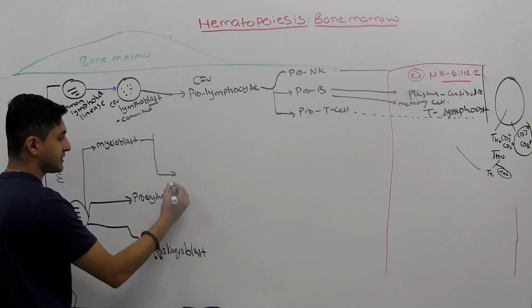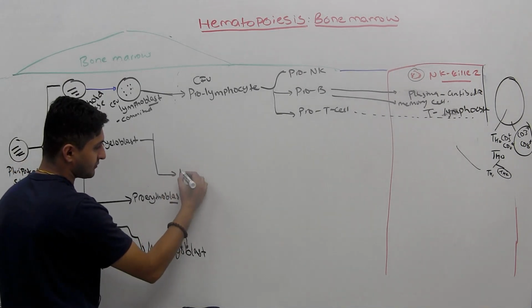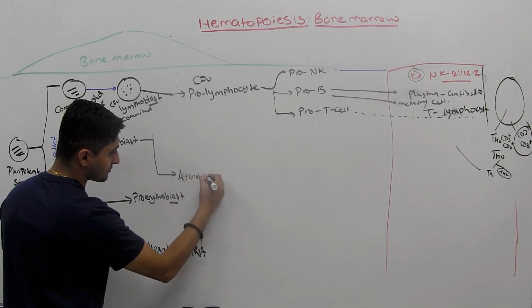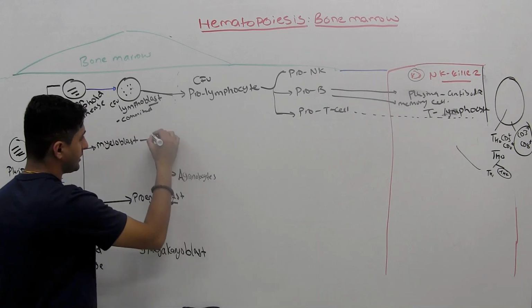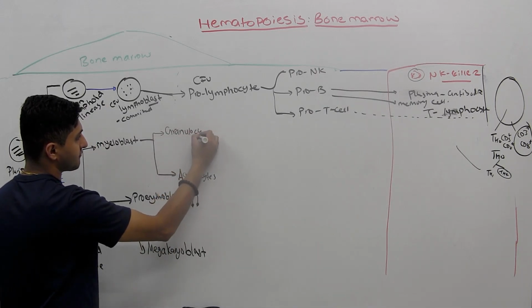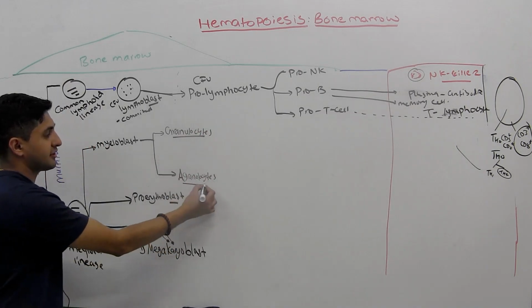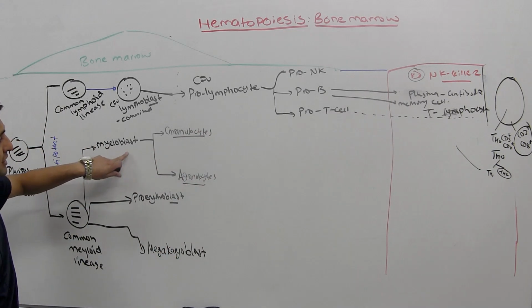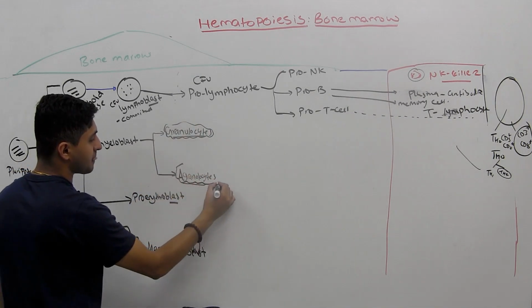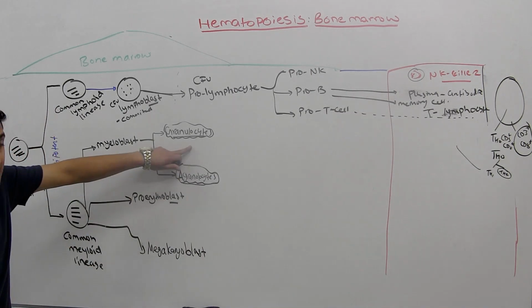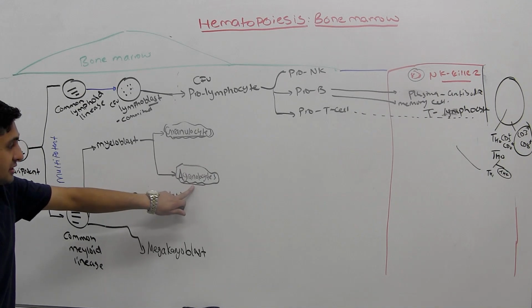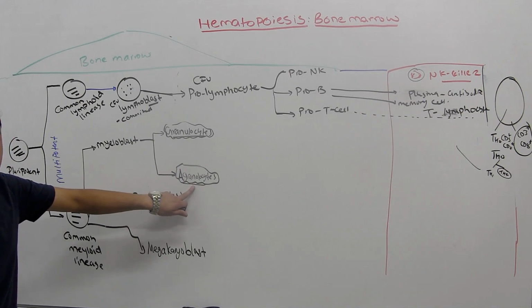One is going to be granulocytes, and the other one is going to be agranulocytes. That basically means this myeloblast is going to give rise to cells that actually have granules in them, and to cells that are not going to have granules in them.